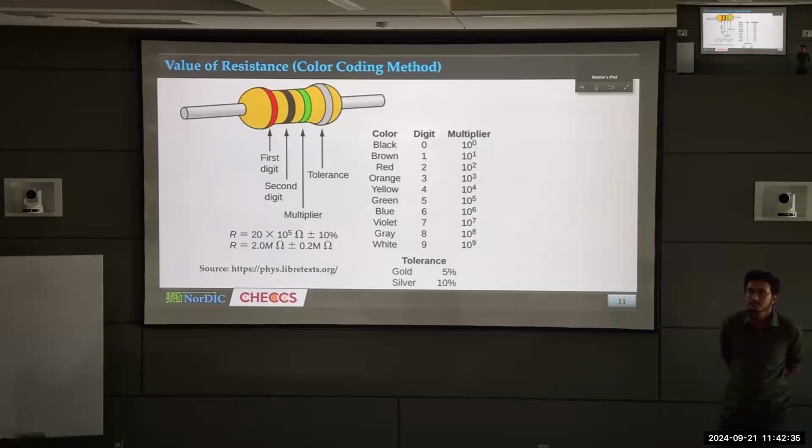Is it that sensitive or not? Hopefully it is not. There are variations. Suppose you want to say, no, I want to have 2 meg because my design tells me it's 2 meg, otherwise it will not work. You have to pay more, because I'm going to get all this lot and start to select.